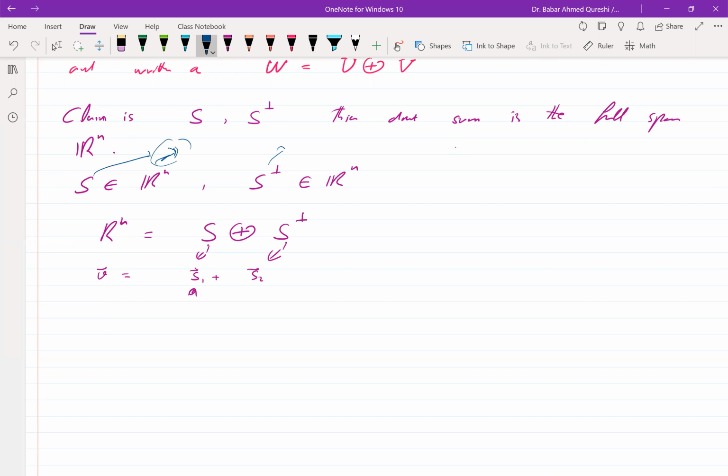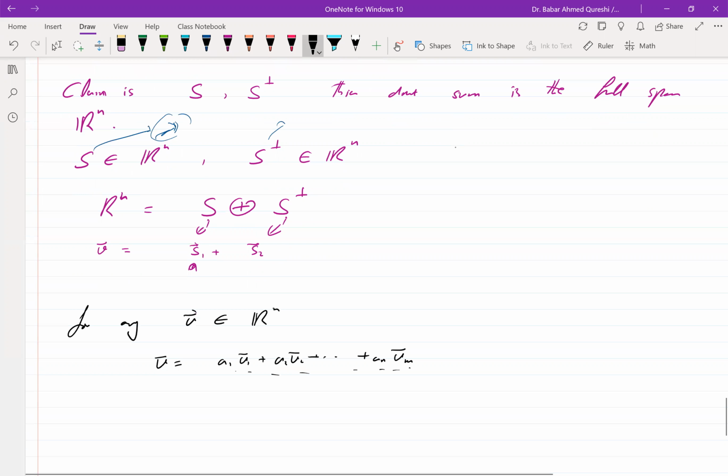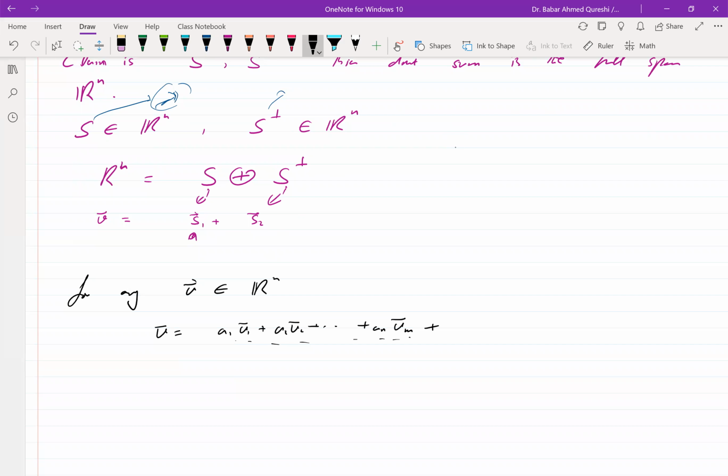So if I have any vector V belonging to Rn, I can write V as A1 V1 plus A2 V2 plus up to Am Vm, where this much is the basis of S, plus Am+1 Vm+1 up to An Vn.